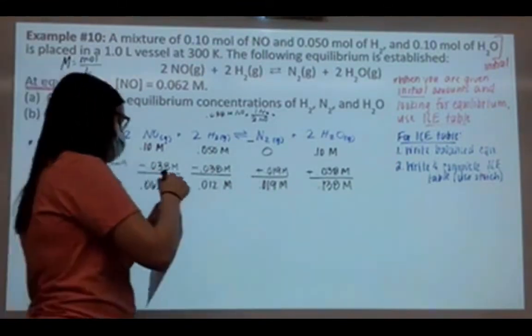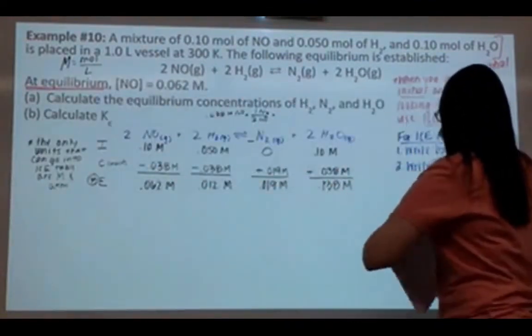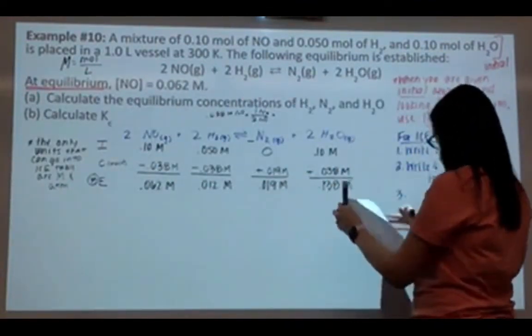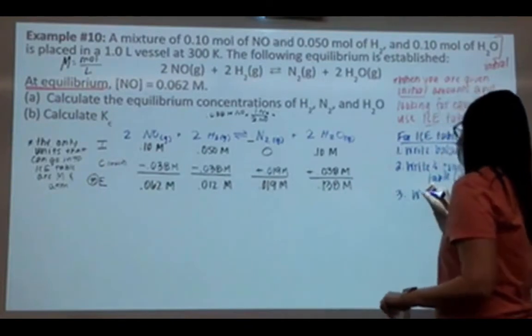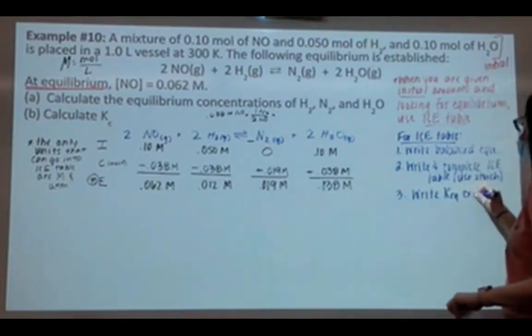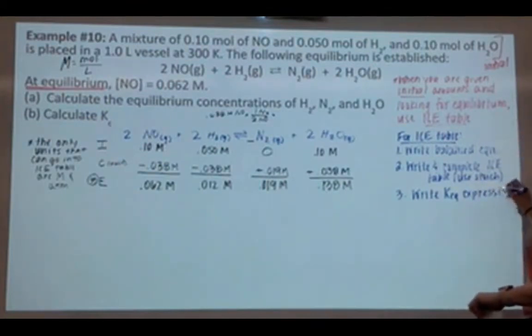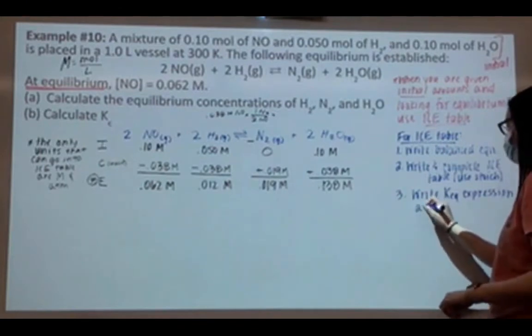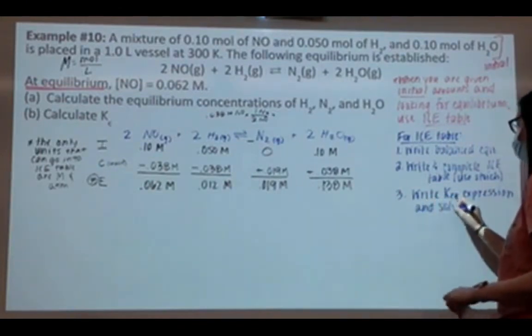Because the last thing to do for an ICE table, step 3, is to write the K expression. So I did Keq because it could be Kc, could be Kp, and solve.